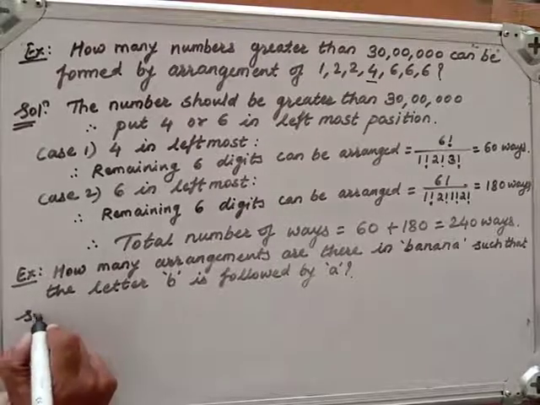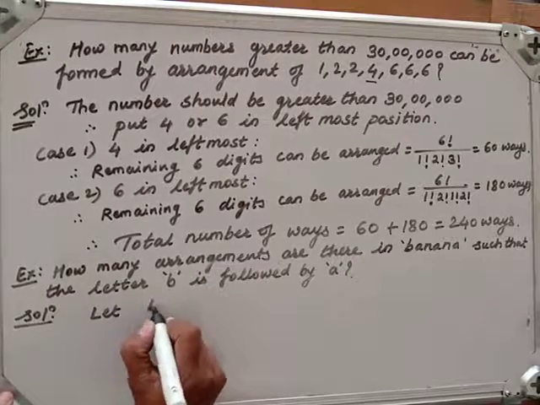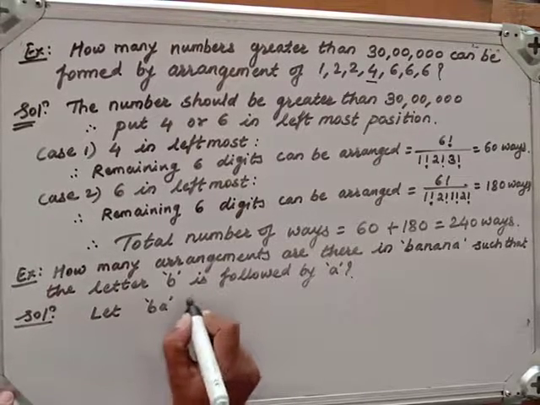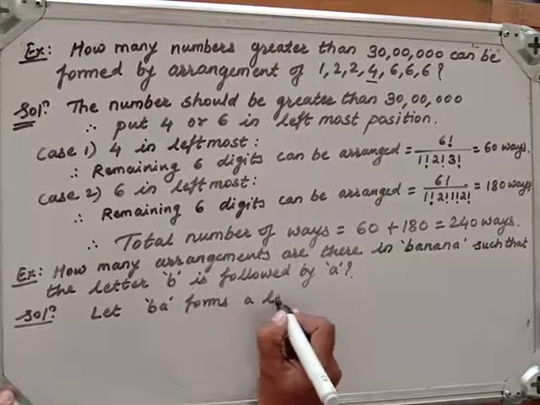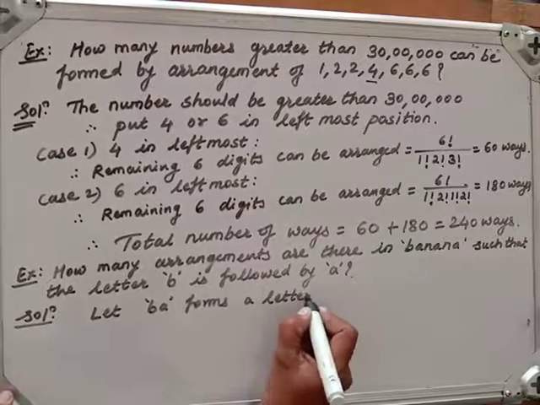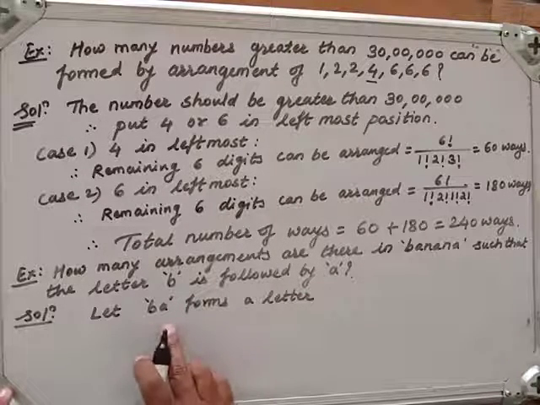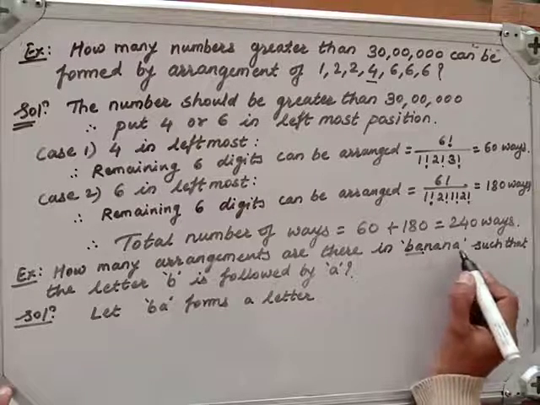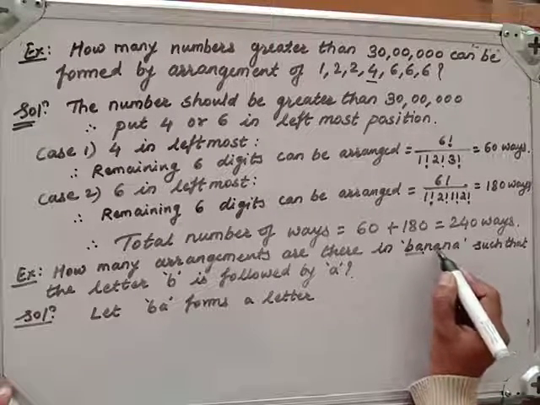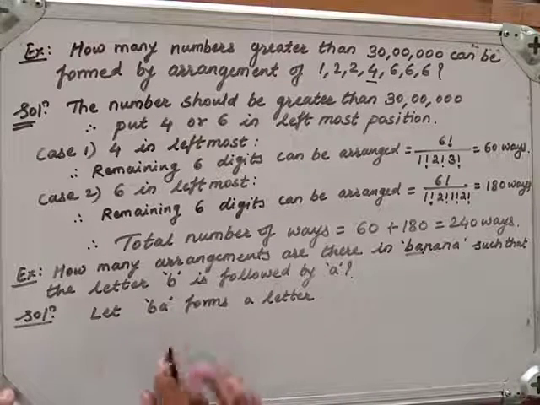So solution, let BA form a single letter. So condition gets satisfied. If BA forms a letter, then how many total letters are there? 1 2 3 4, and this is a single one, so 5 letters are there.